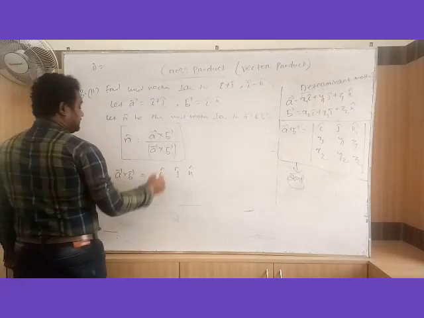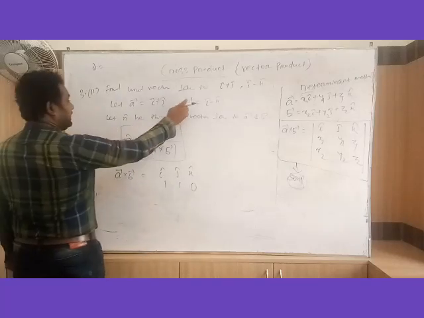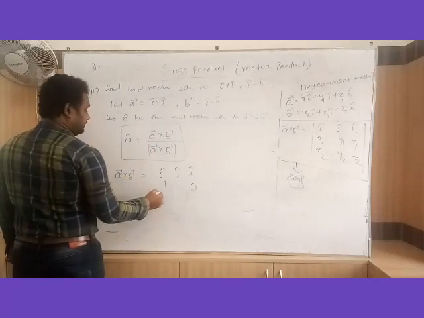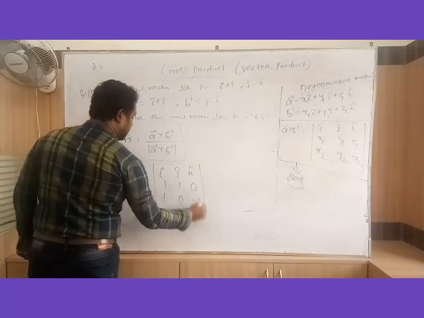The value of vector A is 1, 1, 0, and the value of vector B is 1, 0, minus 1. Then find A cross B.